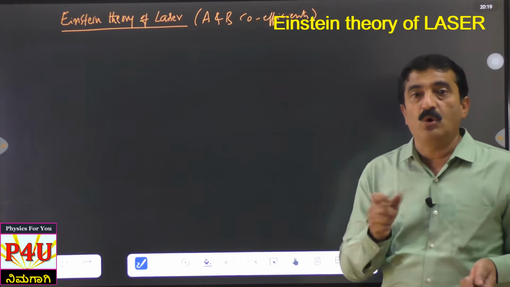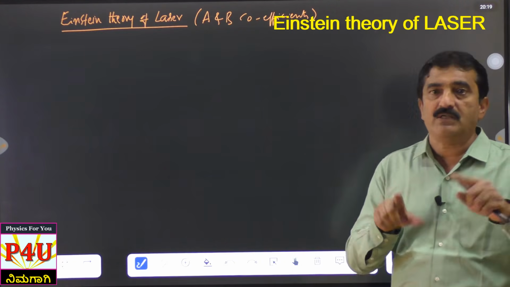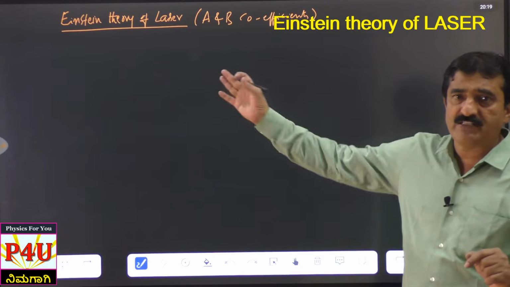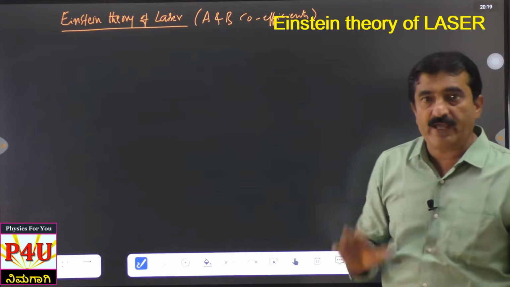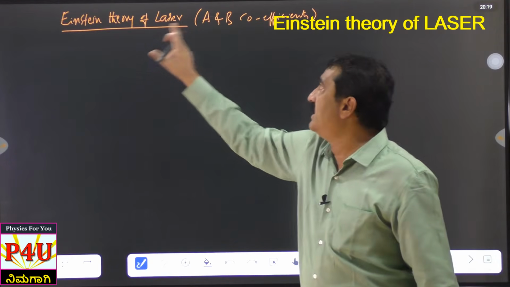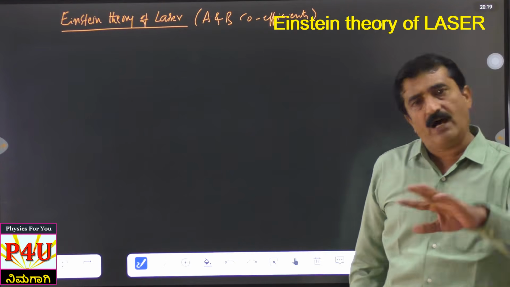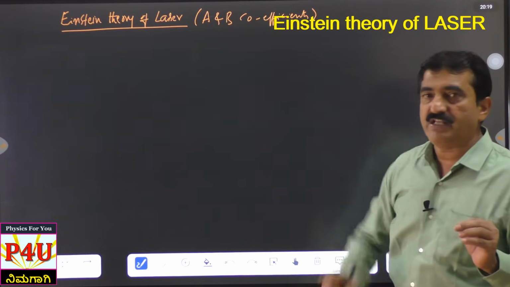So you should know what different types of questions will appear, and the answer is the same for those questions. One such beautiful example is here. Sometimes they ask, give Einstein's theory of laser, or Einstein's theory of A and B coefficients and hence obtain the expression for energy density. All are the same only. Well, with this introduction, I am going to start with Einstein's theory of laser.